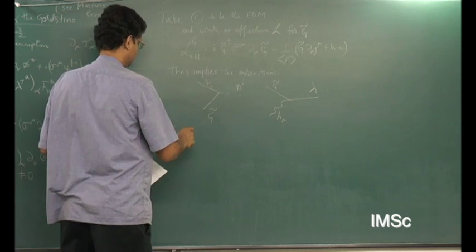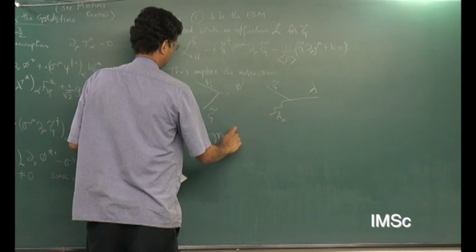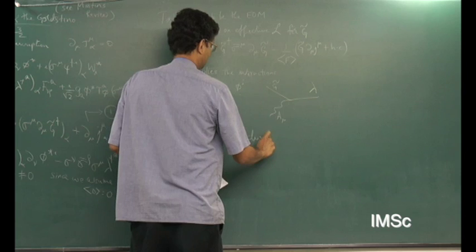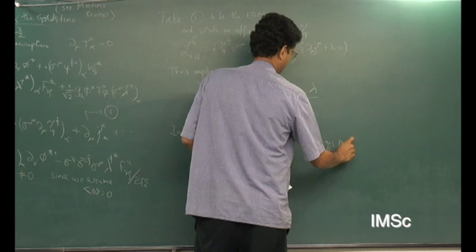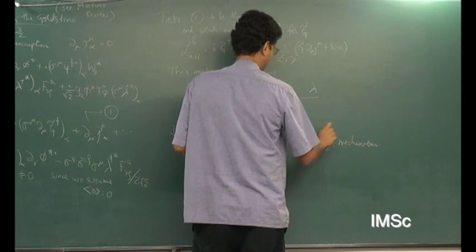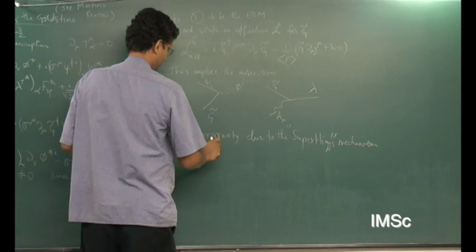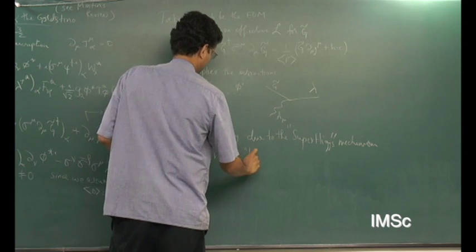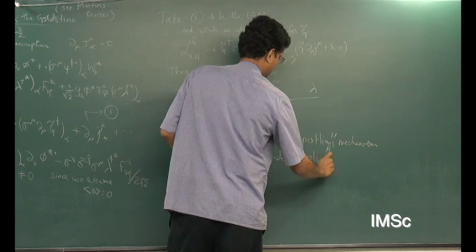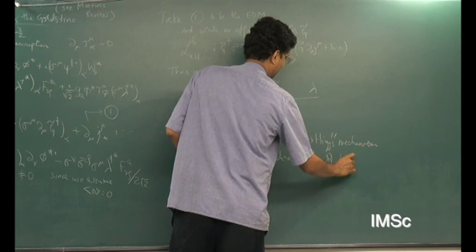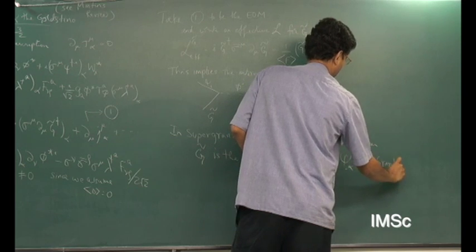So why did we bother with the Goldstino interaction? In supergravity, due to the super Higgs mechanism, one can show that this G twiddle is the Goldstino.